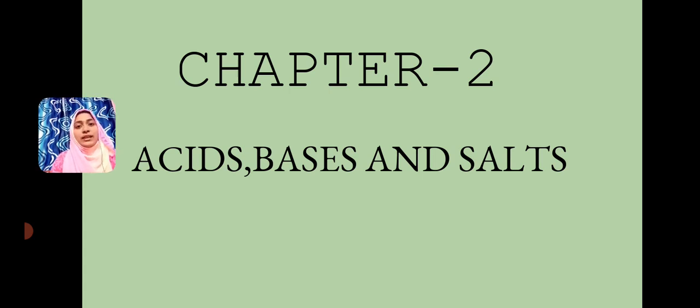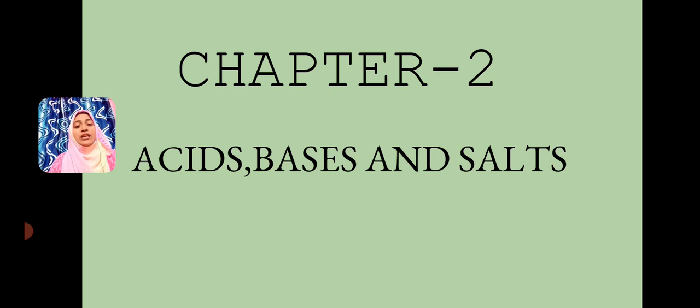These are all organic acids, and lemon is also an organic acid. Inorganic acids, for example, are hydrochloric acid HCl, sulfuric acid H2SO4, and nitric acid HNO3. We see these not only in laboratories but also in our daily life.